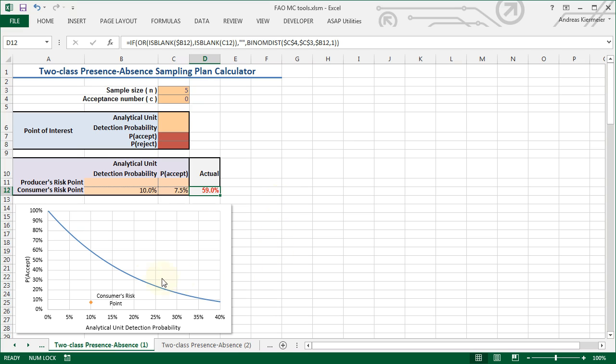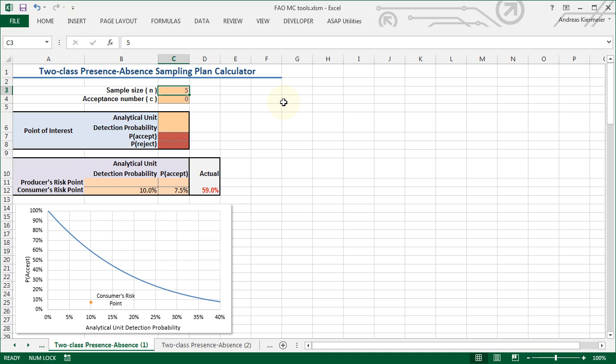And this can also be seen from the graph at the bottom, which shows that the OC curve is much higher at this particular detection probability than our consumer's risk point. Now, we want this OC curve to fall somewhere below this consumer's risk point. And to achieve this, we have to increase the sample size.